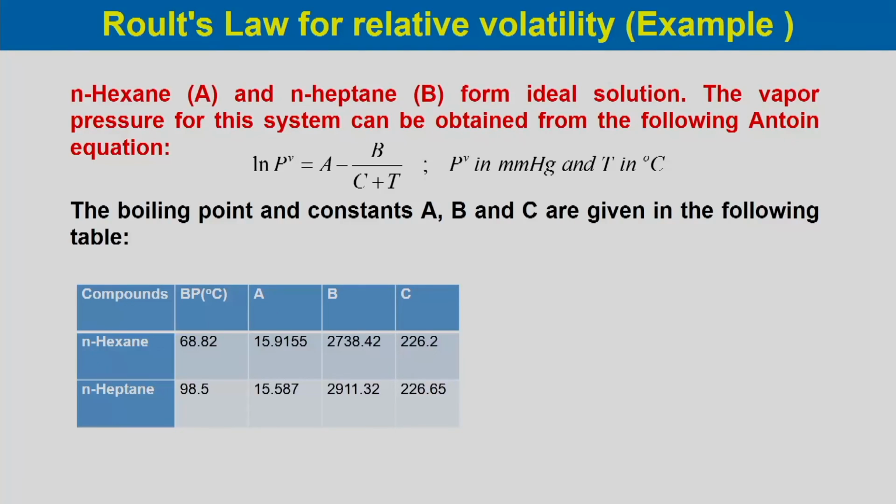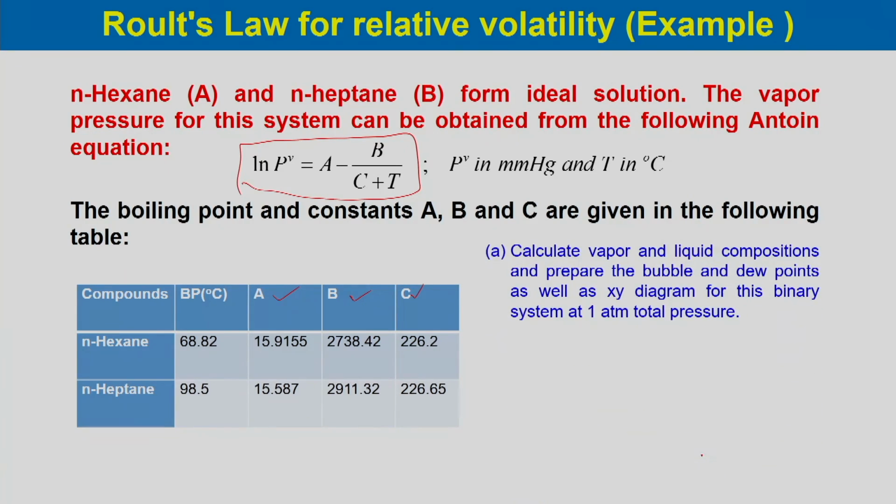The boiling points and the constants A, B and C for the Antoine equations are given in the following tables. N-hexane boiling point is 68.82, N-heptane 98.5, and the constants A, B and C for these Antoine equations are given.